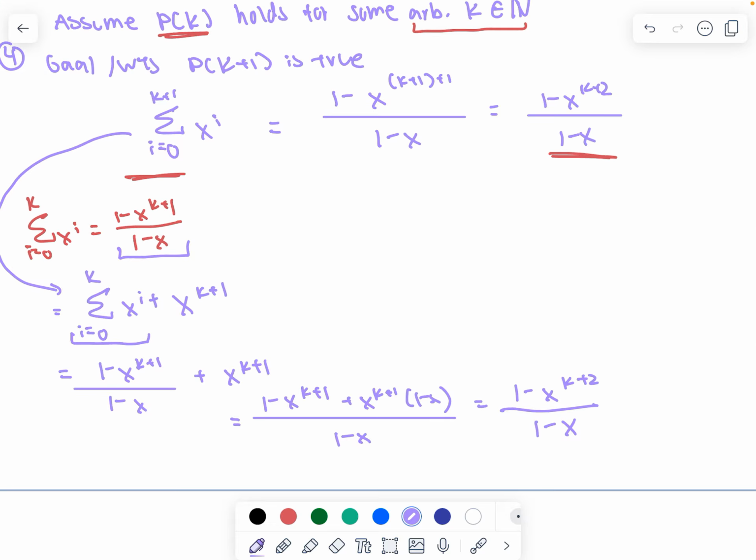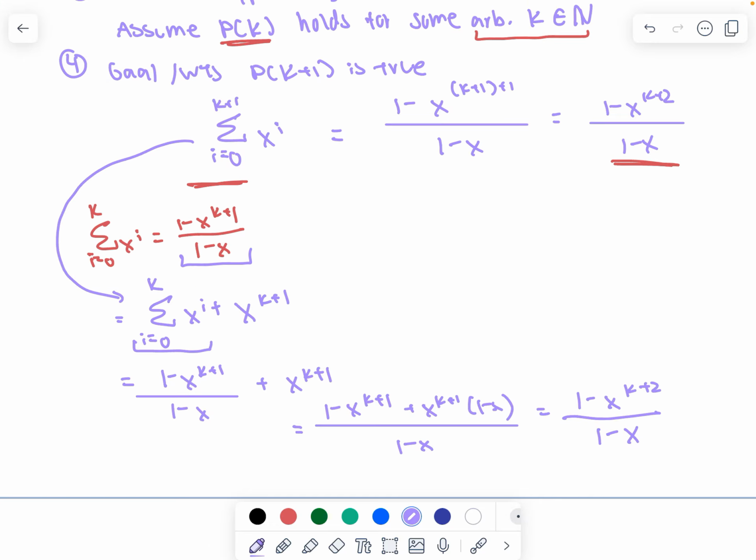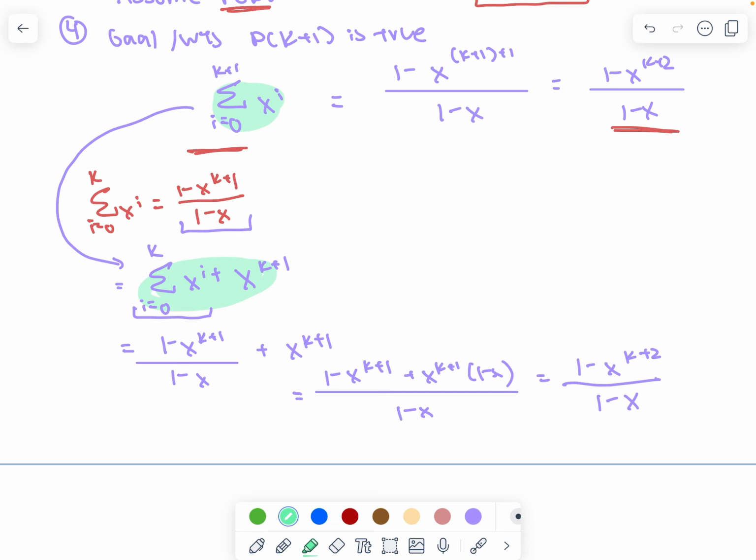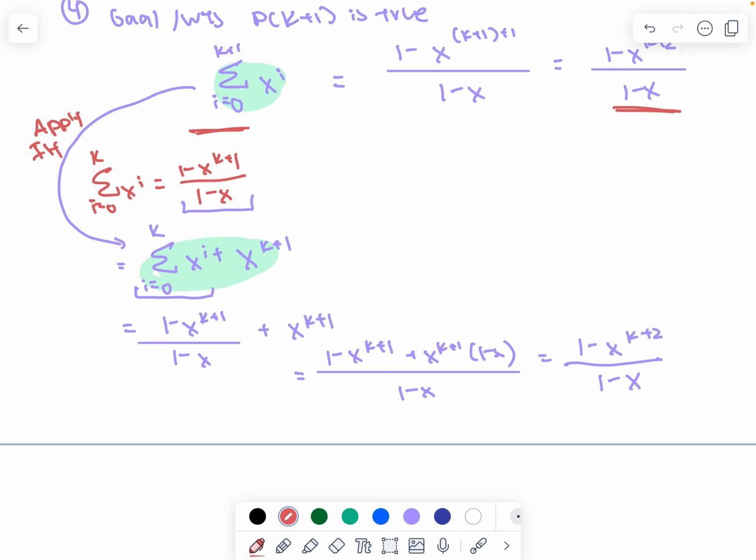So what we just did is start from our left-hand side. We rewrote our left-hand side using the definition of the summation, and then we applied our inductive hypothesis to rewrite our left-hand side further.